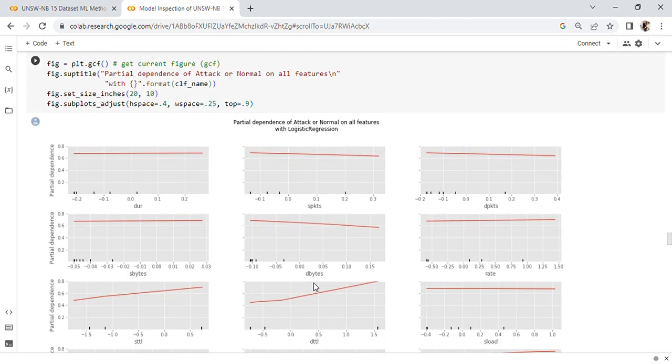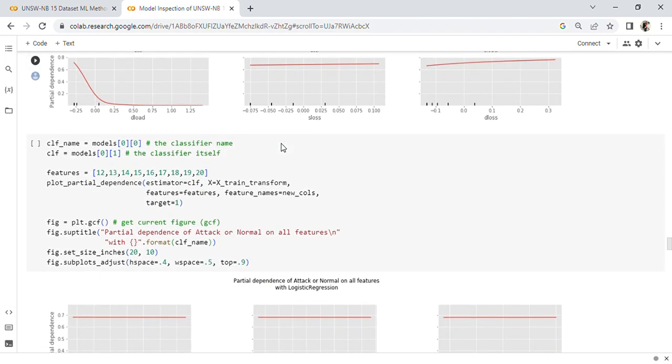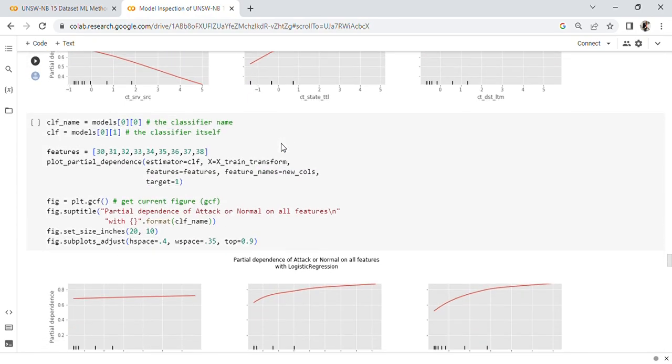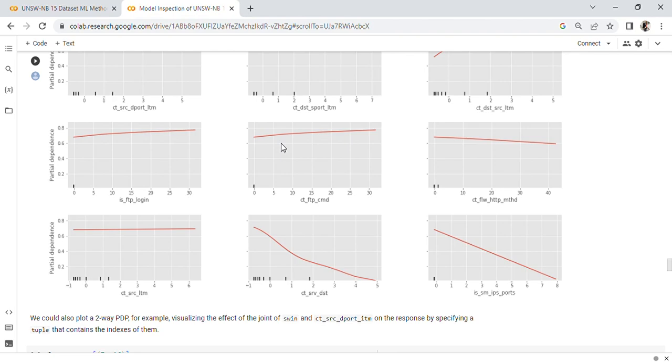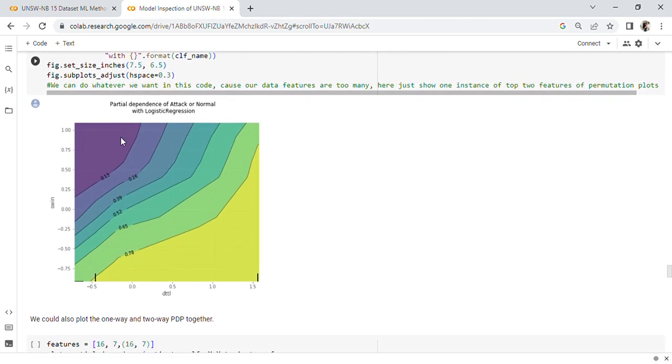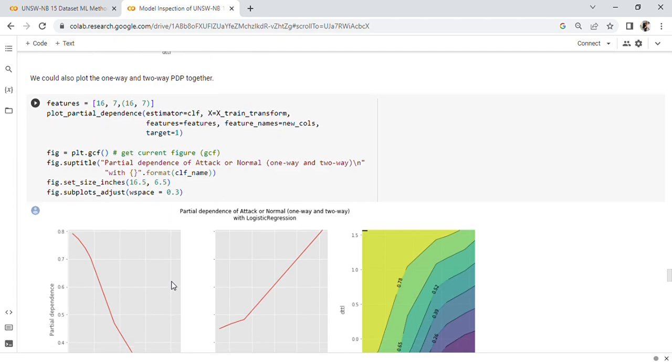Here is the graphical representation of the attacks that are normal or more harmful, based on logistic regression. You can see the output here. Here is the partial dependency of the attack on the basis of logistic regression.